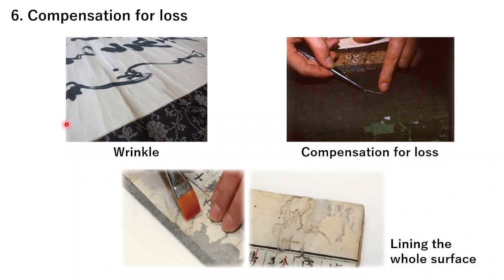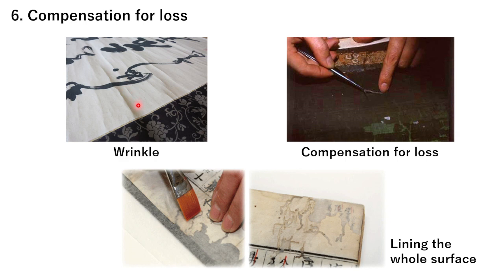After the lining is finished, the defective part in the painting paper should be compensated. Because a rolled hanging scroll is normally unrolled for exhibition, repeatedly rolling and unrolling the scroll leads to wrinkles, and consequently the painting paper will be torn, and damage often progresses due to rubbing of the torn margins.